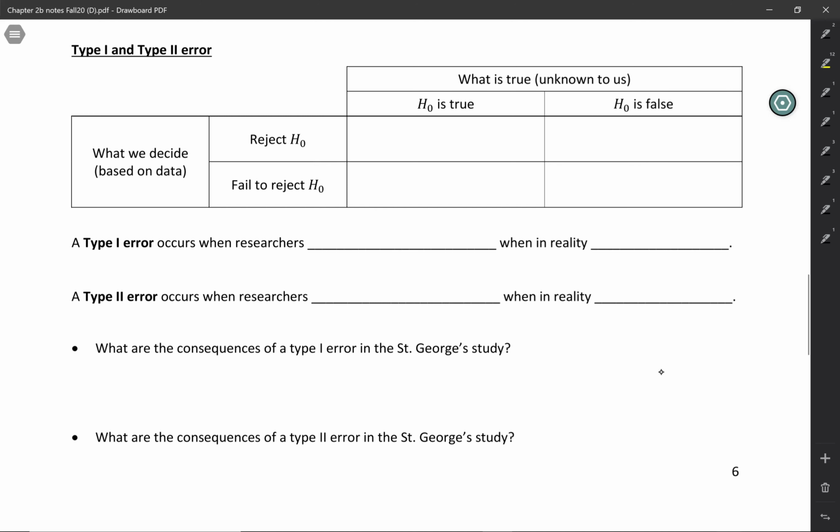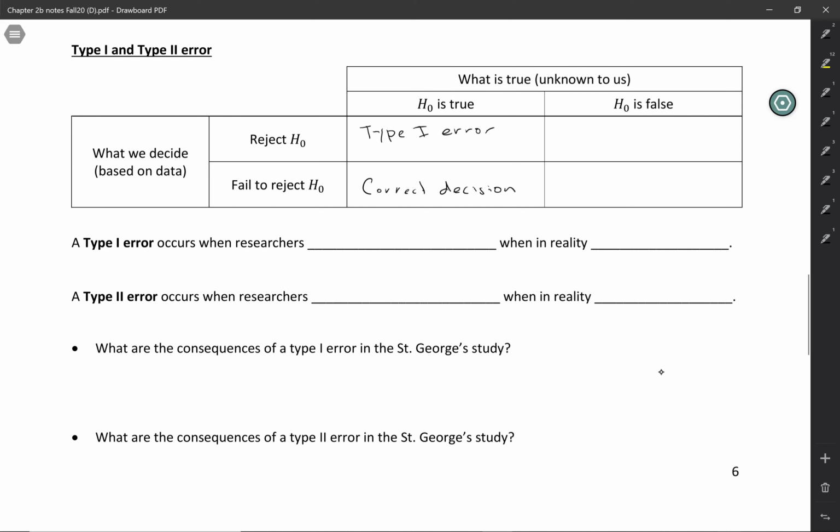So let's say that the null hypothesis is actually true. In that case, the correct decision would be to fail to reject the null hypothesis. Right? That's what you would hope the data would lead you to. But it's possible that you would reject the null hypothesis when the null hypothesis is really true. This is called a type 1 error. So it's called an error, but it doesn't mean that you did something wrong.